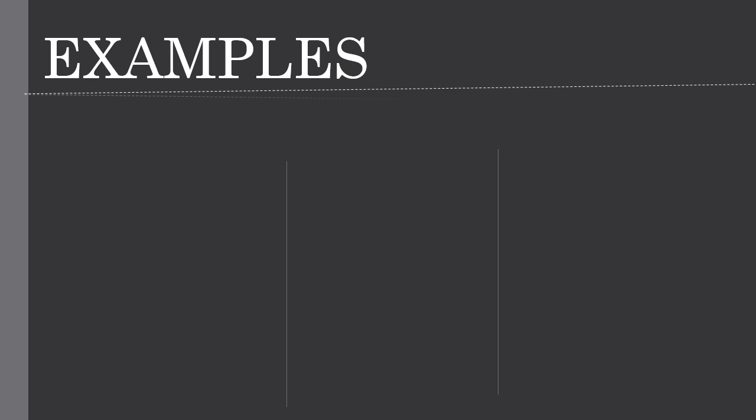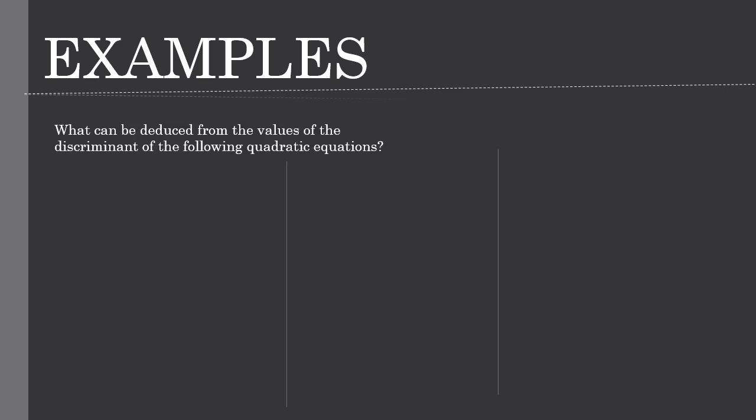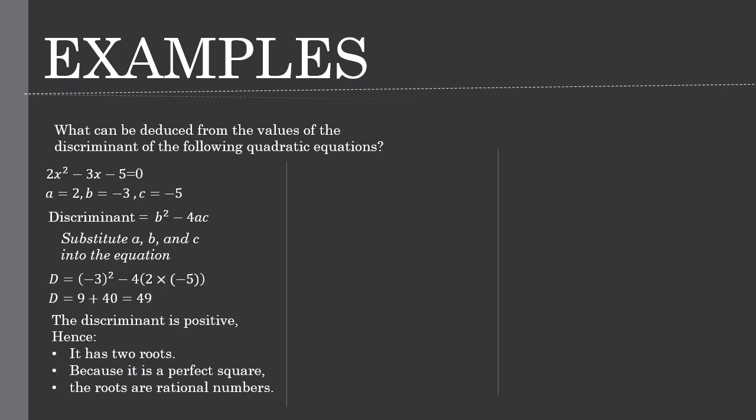Let's look at some examples, and the first example is what can be deduced from the values of the discriminants of the following quadratic equations. So our first question is 2x squared minus 3x minus 5 equals 0.